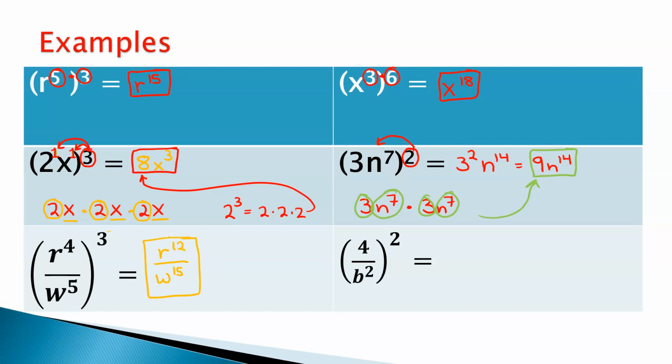Now for this last one here, I'll use a different approach. You could go through and add ones, but what I'll do is make 2 copies of it. This video is getting a little long, so the power of 2 means you have 2 copies of everything that's inside. So we have 4b over b to the 2nd times another 4b over b to the 2nd.